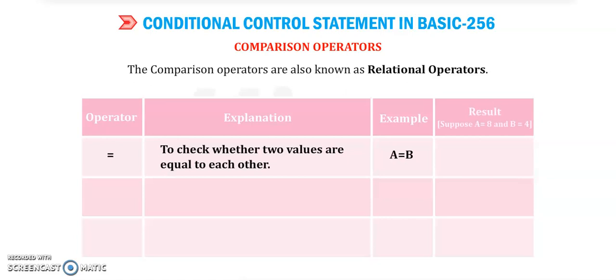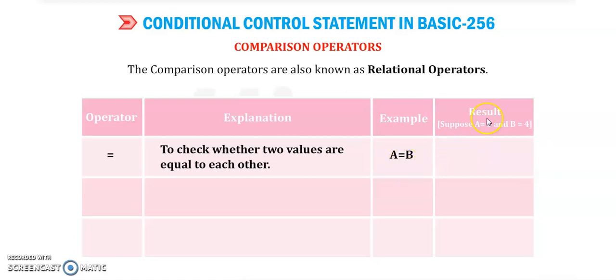One example you can see is the equal to operator. It is used to check whether two values are equal to each other or not. For example, A equals B: we check the values of A and B to see whether they are equal.